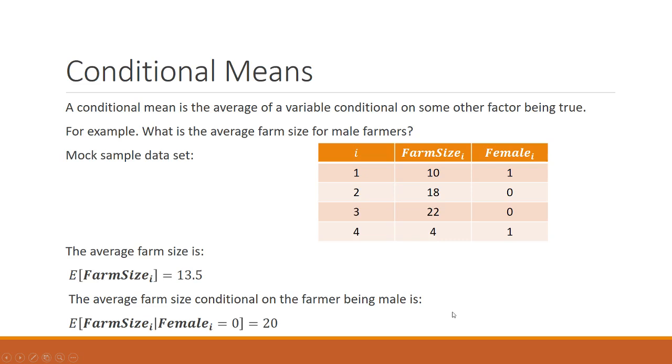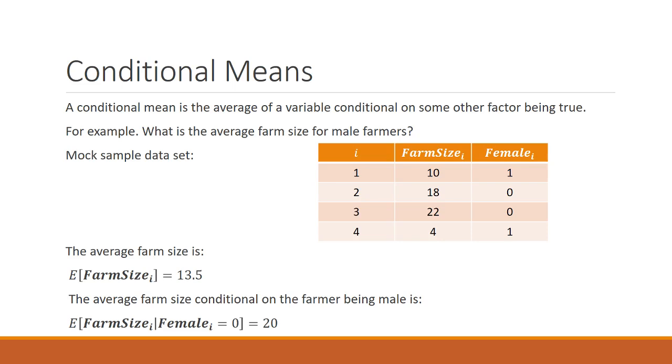And we can think about why that might be important. Let's say I just wanted to know, hey, do male farmers have more land than female farmers? I might be interested in knowing that. Well, how would I know that? I would calculate the mean of farm size for females and the mean of farm size for males, and I would see if they're different.